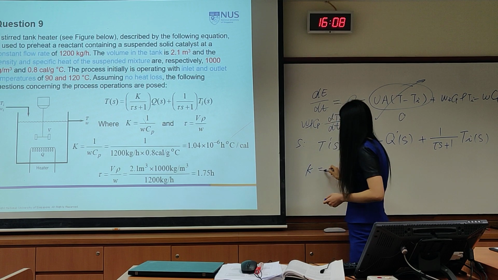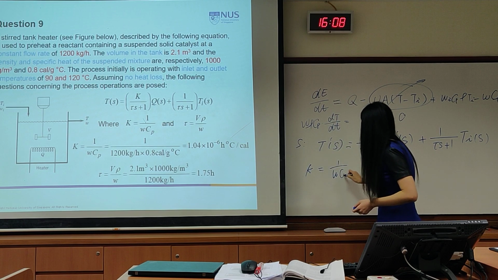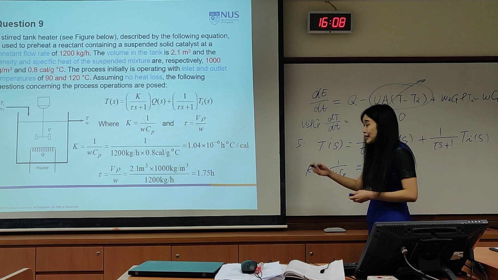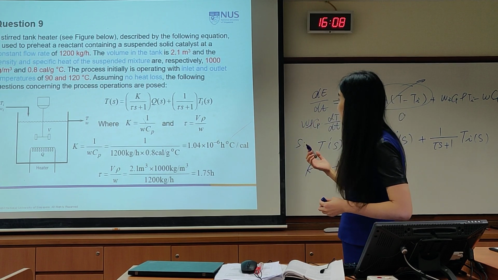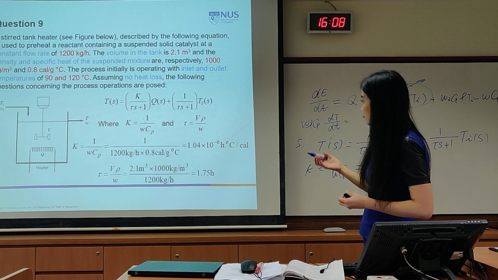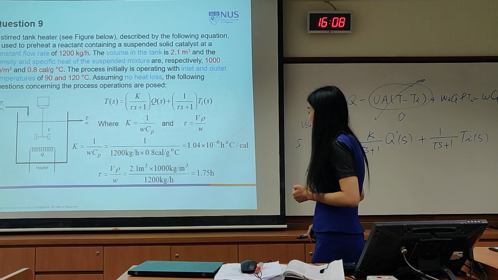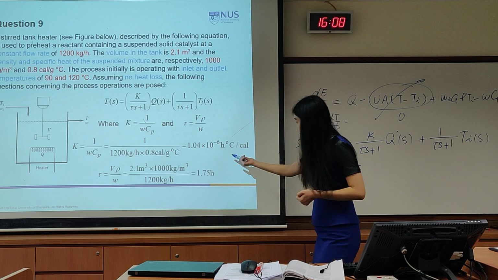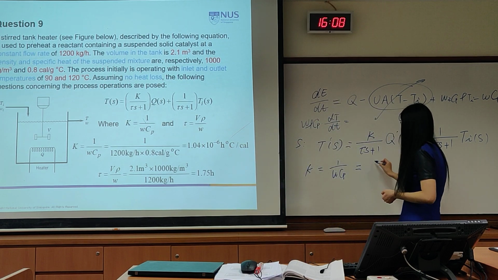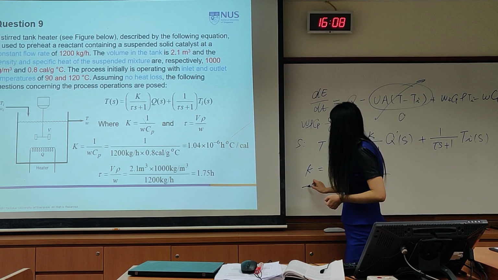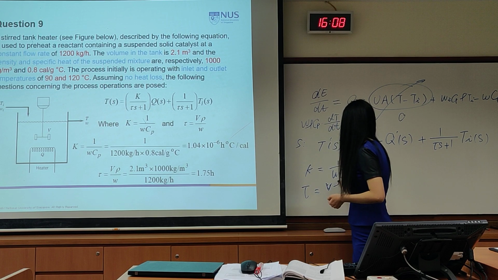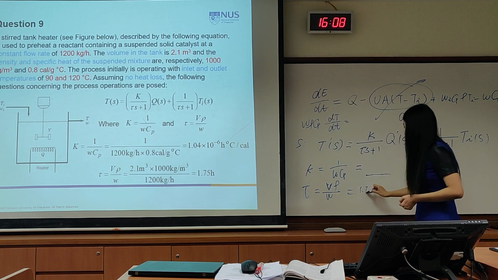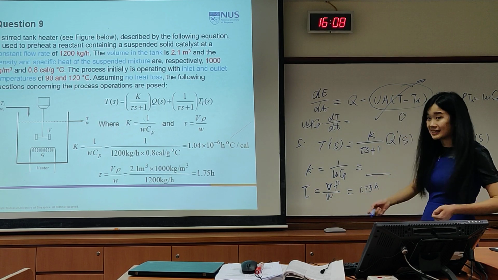So K is 1 over WCp, and this can be calculated because in this case, you're given the physical parameters. You know W is the flow rate of 1200, and Cp is given as well. So you're able to get the value. And tau, the time constant, the same way. Okay, so the first step, we are able to get K and tau.